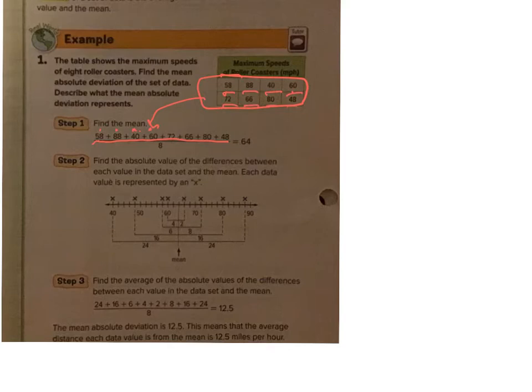All right here. So you add all these numbers, and then you divide by the number you have. 1, 2, 3, 4, 5, 6, 7, 8. So you divide by 8, and you get the mean. The mean equals 64. But we're looking for the mean absolute deviation. So that's step 1, finding the mean.